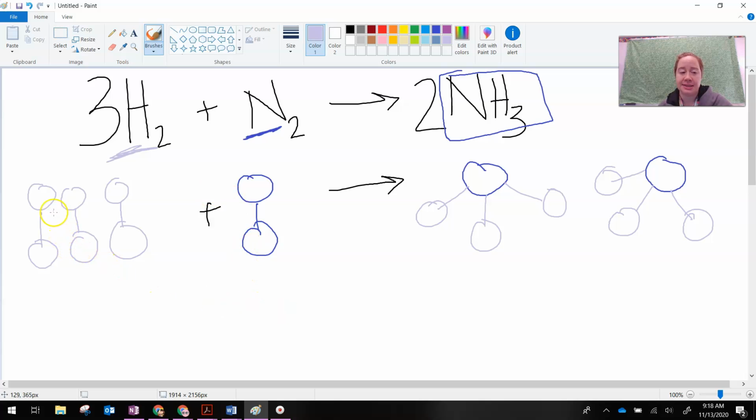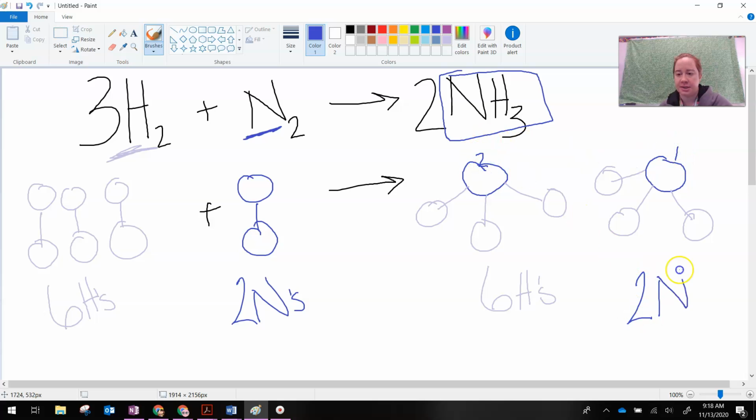So reactants side, I've got 1, 2, 3, 4, 5, 6 hydrogens, so 6 H's. And on this side, I've got 1, 2, 3, 4, 5, 6 H's also, 6 H's. On the reactant side, I have 2 N's. On the product side, I've got 1, 2 N's.